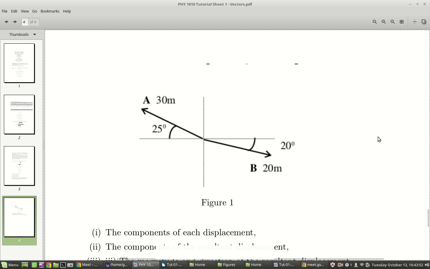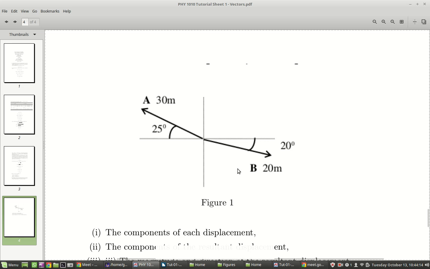Okay, so in this case, vector A makes an angle of 25 degrees with the negative x-axis. Then vector B makes an angle of 20 degrees with the positive x-axis, but in a clockwise direction. That's not how we measure angles.